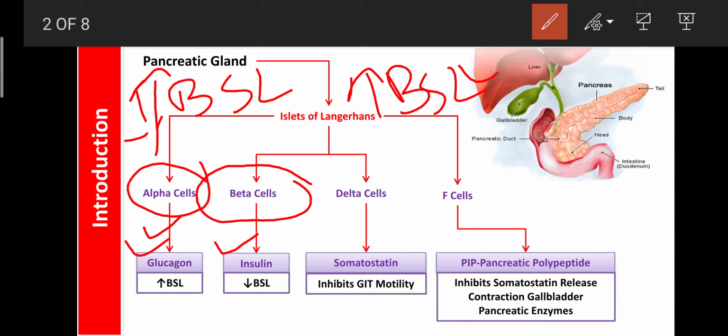When our blood sugar level is more than normal, due to consumption of excess carbohydrates or any other problems, then instead of glucagon from alpha cells, the beta cells of the islets of Langerhans in the pancreatic gland secrete insulin, and this insulin is helpful to decrease the elevated sugar level.